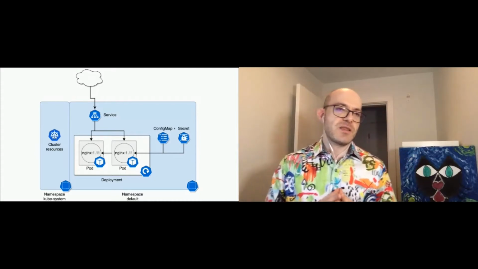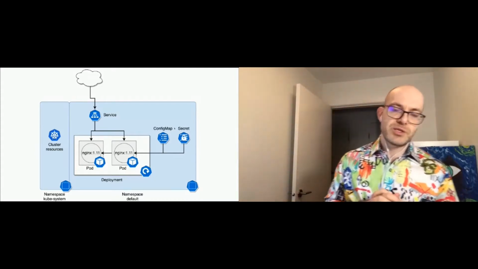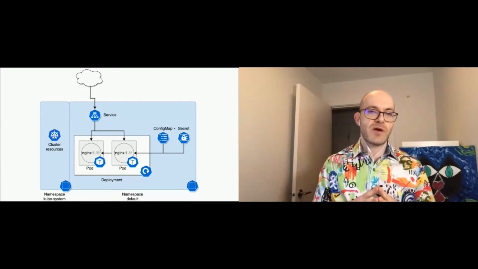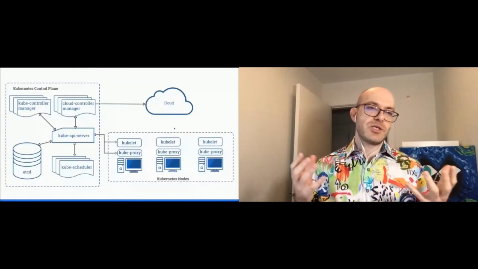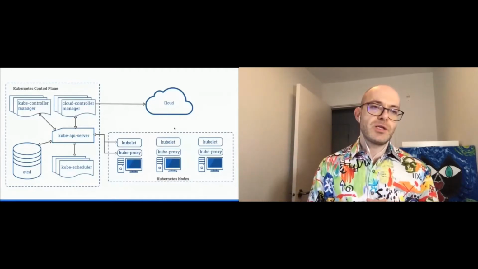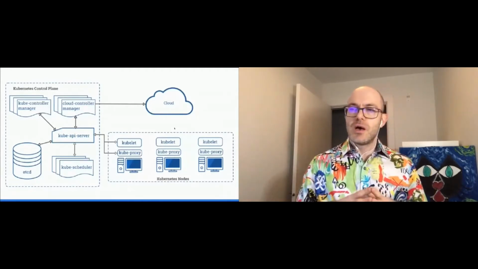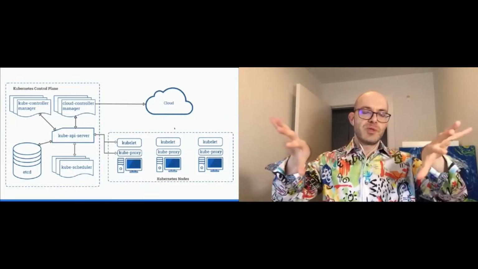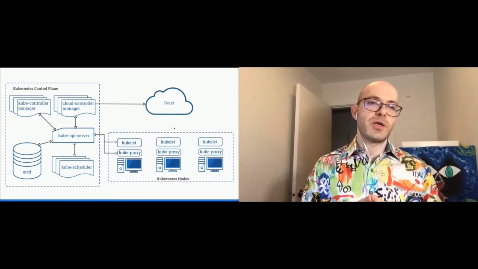Now, having said that and mentioning some of the terminology, I want to cover briefly essentially the architecture of Kubernetes. This picture you can find in Kubernetes documentation. There's essentially two parts to any Kubernetes cluster.